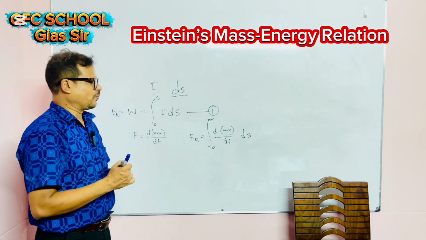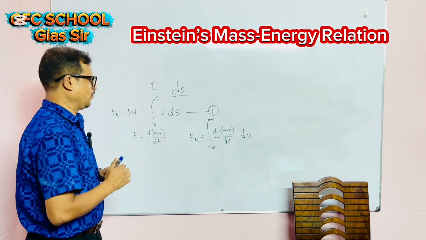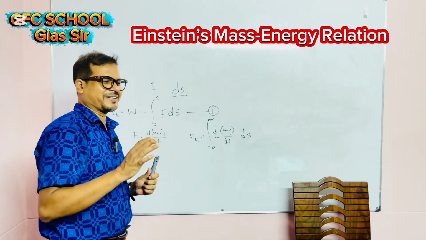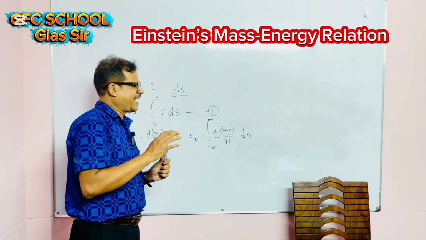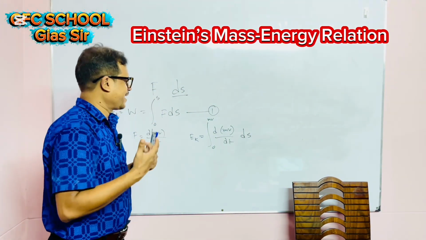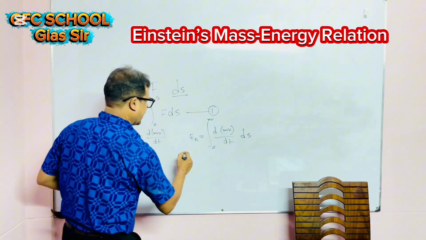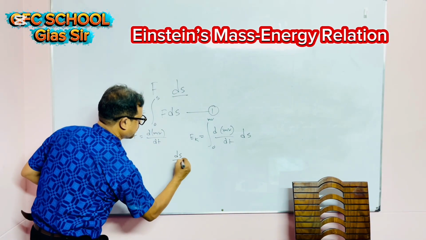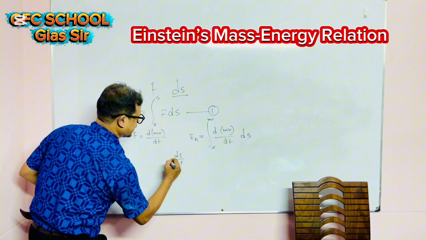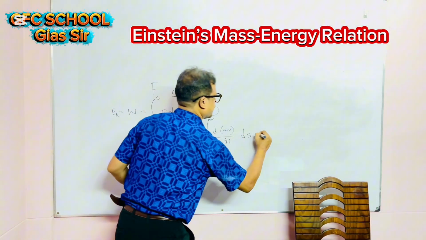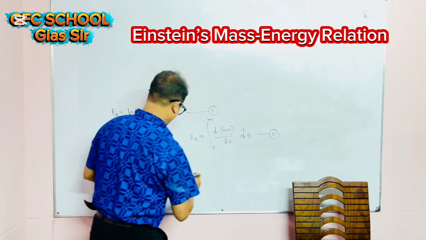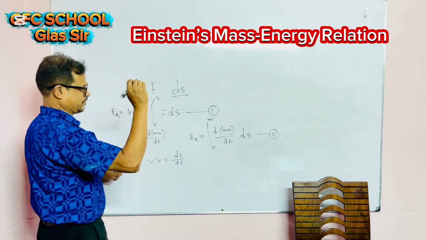Again, guys, we know a very simple equation, from the very basic, that ds upon dt equals v. So in equation 2, we could put this.